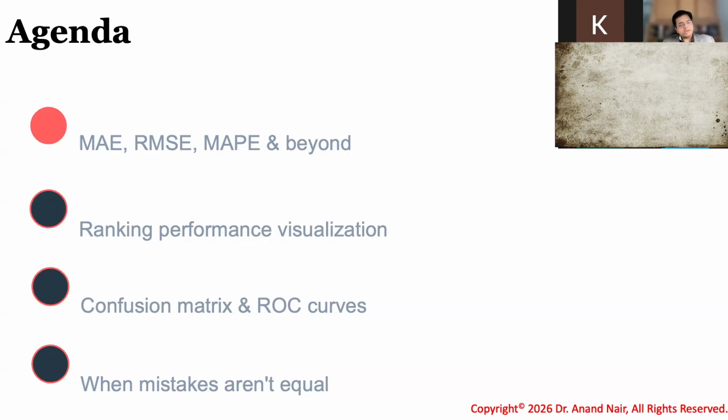And what happens when mistakes aren't equal, when some of these cases are more important in our data set compared to others. So what do we do in such situations? There are cases like that we end up seeing in data mining in business contexts, and we need to be doing something different in such situations.